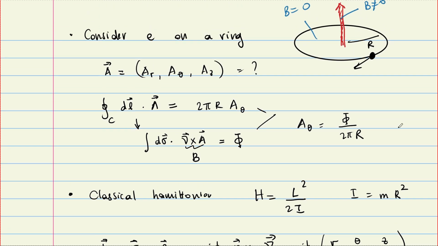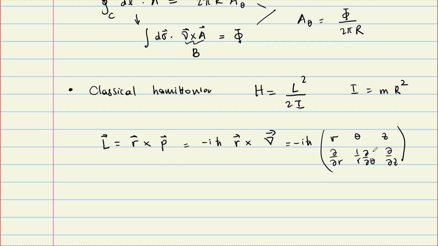But in this problem, you can see we can use the right-hand rule, right? So this is circling around, and the only angular momentum is, by the right-hand rule, along the z direction. So we care about the z component of this object, and it is going to be minus I h bar, r times del over del theta minus theta del over del r.